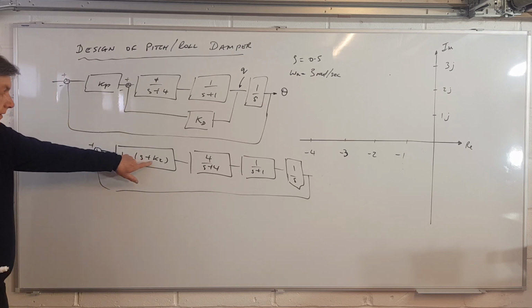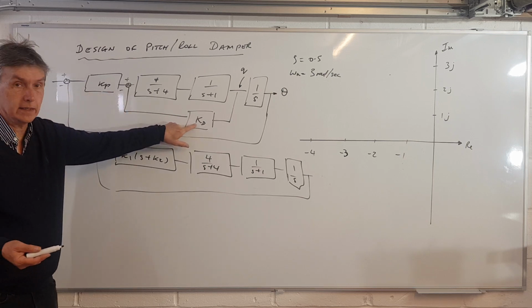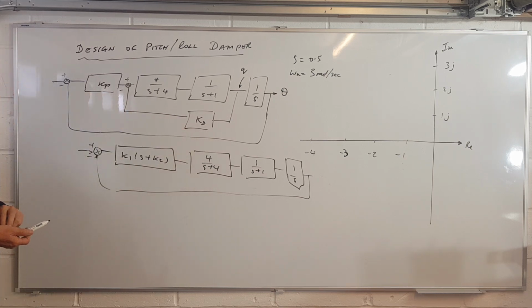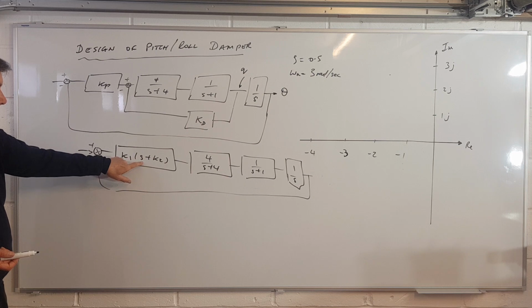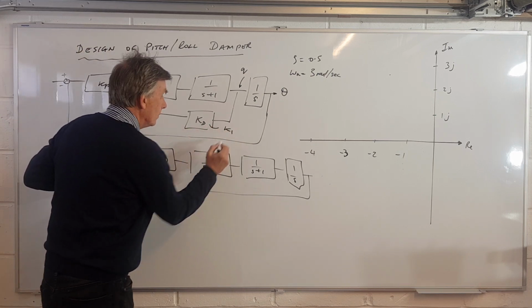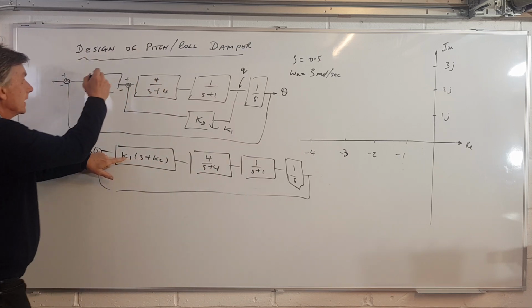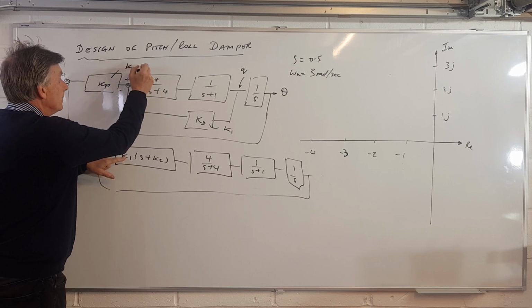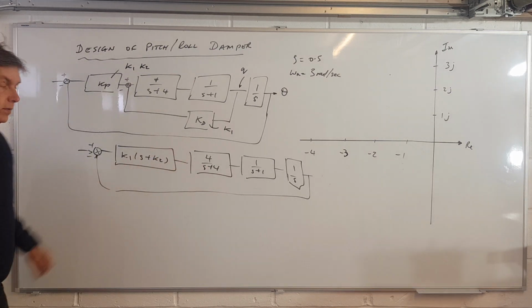So as we're adding in a 0 at minus K2, we have a proportional gain K1. Now these K1 and K2s are not the same as these, and there's a quick way to go between the two. The KD is providing the derivative control, which is the S term, so therefore KD is actually K1. So this one will end up as K1. And the proportional control, this is the proportional part here, this will end up as K1 times K2. So our design now is in this format here.